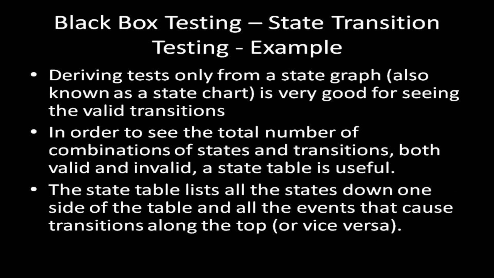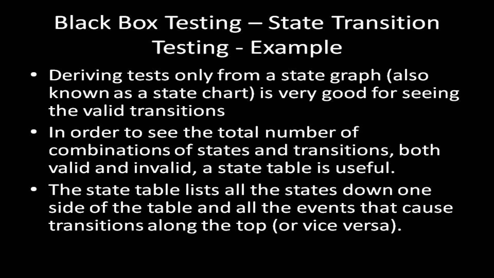Deriving tests only from a state graph, also known as a state chart, is very good for seeing the valid transitions, but we may not easily see the negative tests, where we try to generate invalid transitions. In order to see the total number of combinations of states and transitions, both valid and invalid, a state table is useful.